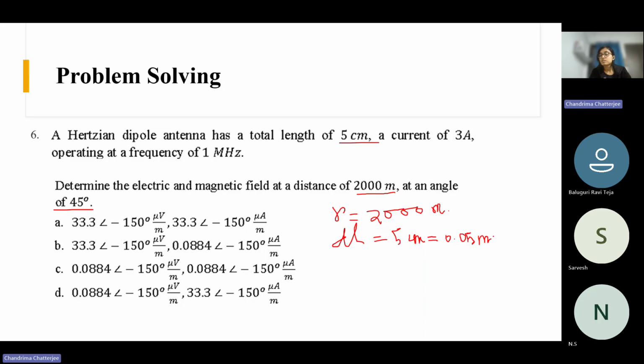Everything we will convert into SI units, that is convenient. Then the current is 3 ampere, I is equal to 3 ampere. What else? Frequency is 1 megahertz.